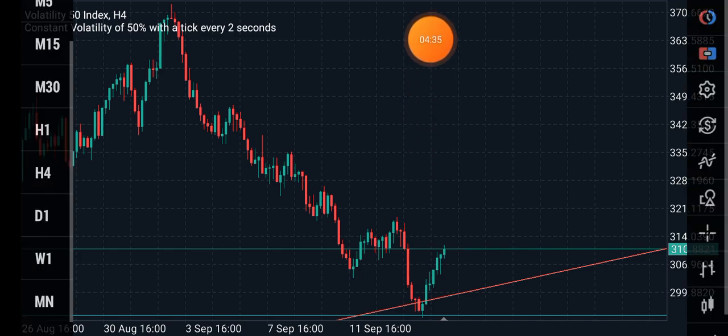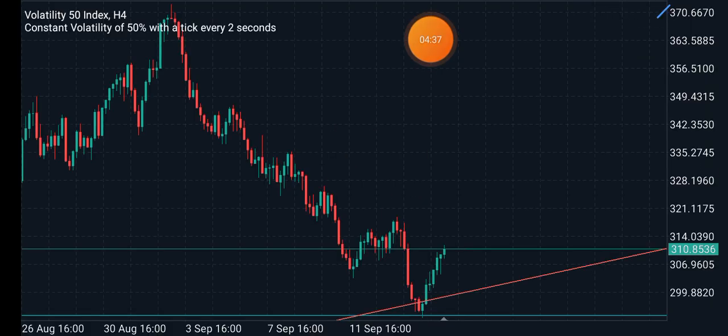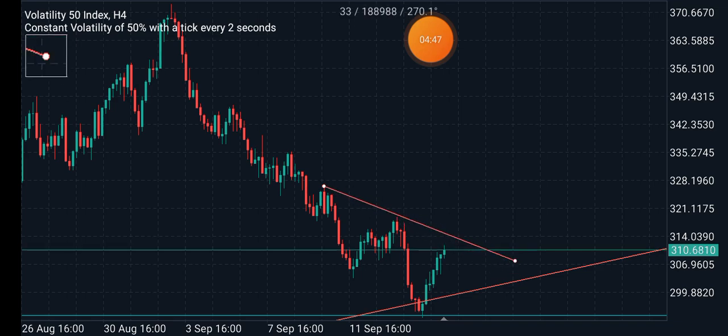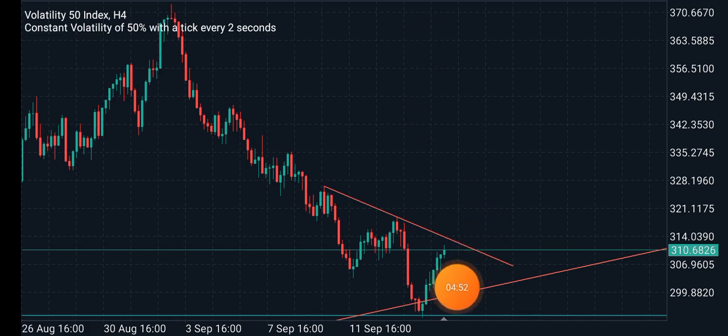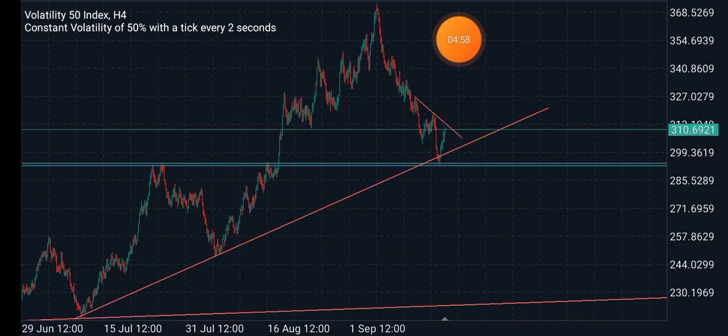What I do most times is mark out the last two lower highs. Now we're going to make a third touch. Remember, we are on the third touch on this particular one.